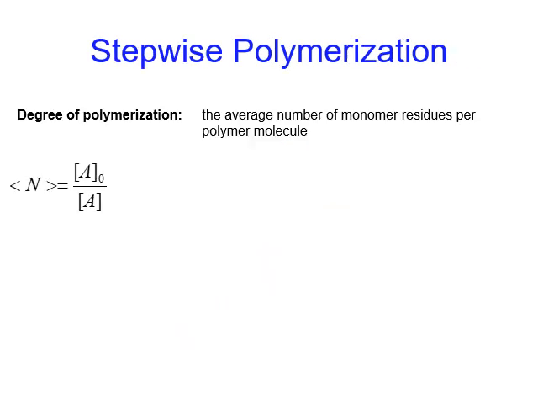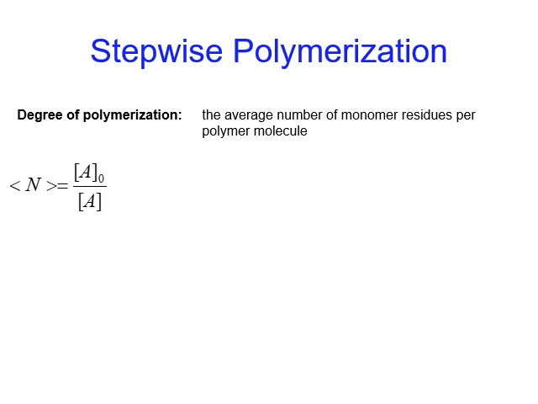The degree of polymerization is defined as the average number of monomer residues per polymer molecule, and it tells you how many monomers are in a polymer chain. It is calculated by the initial concentration divided by the concentration at a certain time.